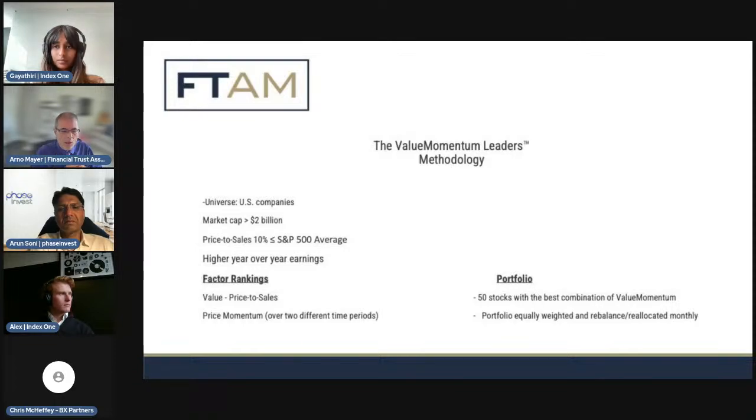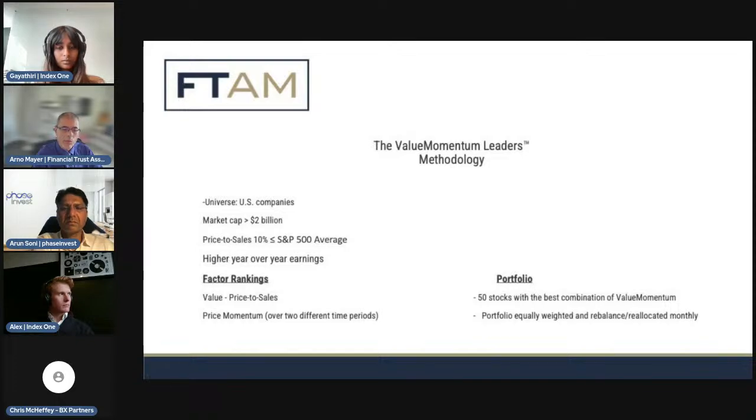We utilize low price to sales ratio. And as you all are aware, there are a multitude of other value metrics, price to book, price to earnings, just to name a few. We utilize price to sales because it is the least easily manipulated with accounting practices. So we feel it's a pure form of value.